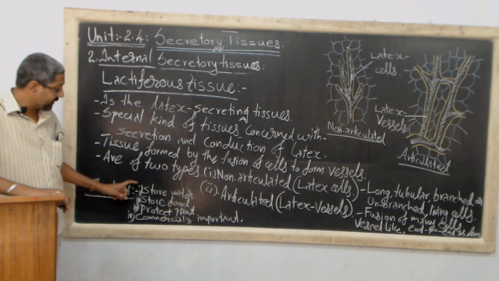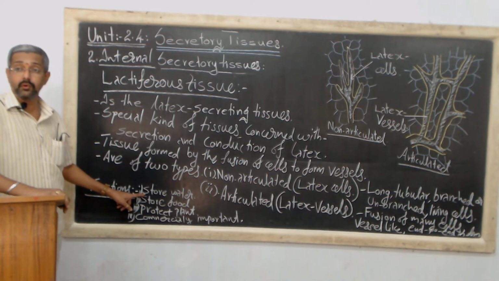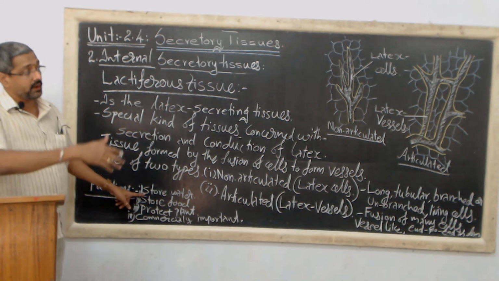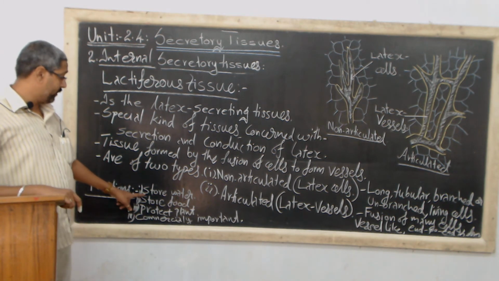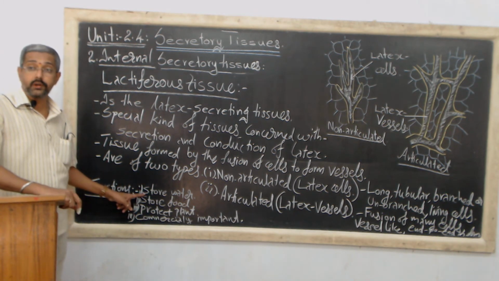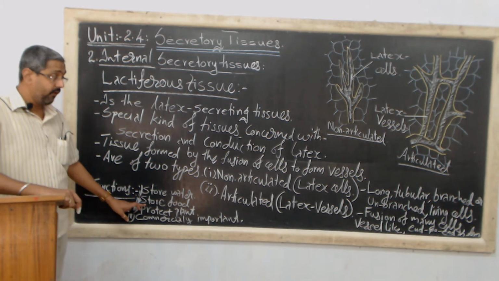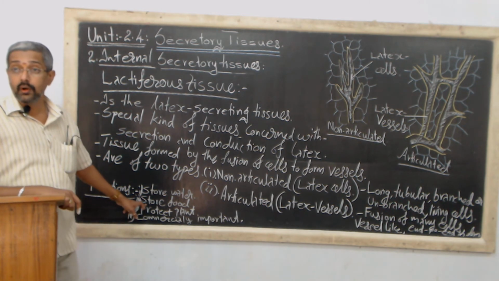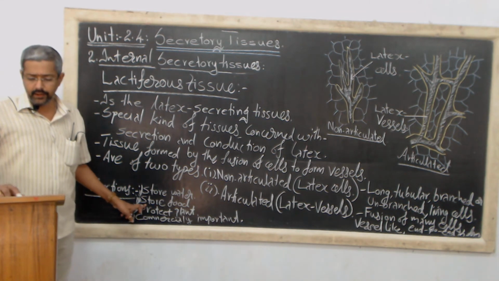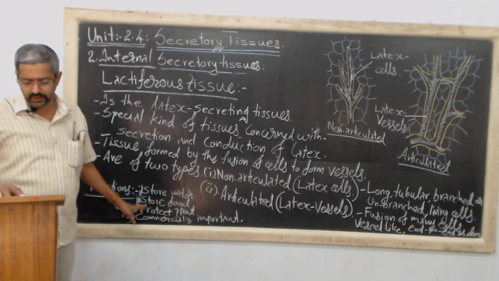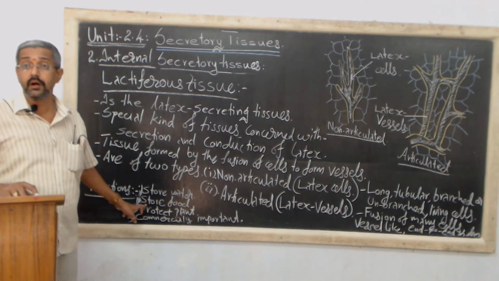That is, the latex cells or latex vessels are produced not only for the conduction of latex, but they also help to store water inside the plant body. Second, they also help to store food materials, because the latex contains proteins and different types of materials along with the latex.